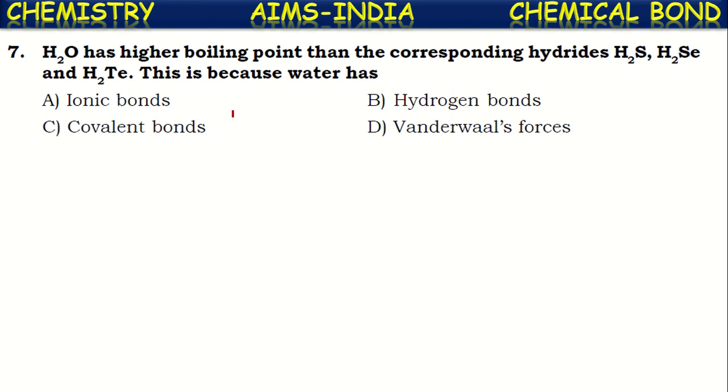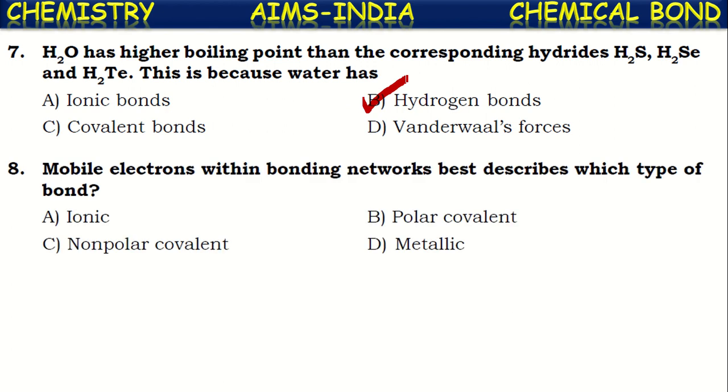We have studied what is meant by hydrogen bond: the electrostatic force of attraction between the electropositive hydrogen atom of one molecule and the electronegative atom of another molecule is called hydrogen bonding. Because of this hydrogen bonding, water has a greater boiling point than expected.